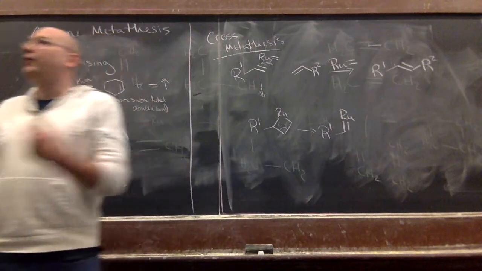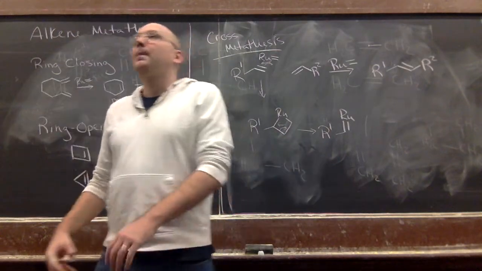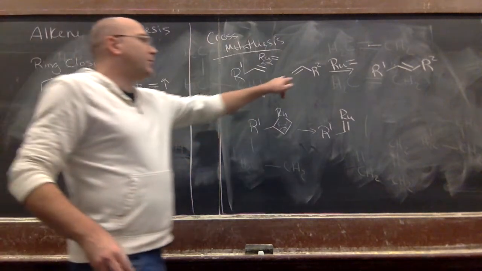And now we've got our ruthenium double bonded to a carbon, where that carbon now has the information of the R1. Now the potential thing here goes back to how the alkene perhaps lines up.